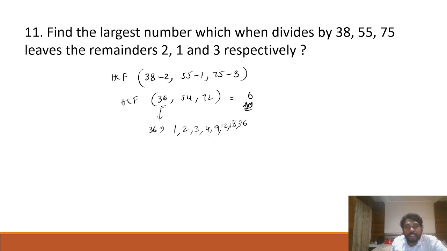Now you check whether the given numbers are divisible by these factors or not. So 72 is divisible by 36, but is 54 divisible by 36? No, then this is not your answer. 72 is divisible by 18 and 54 is also divisible by 18. Yes, this is my answer, guys. Sorry, I made a mistake when I wrote the answer directly. So the answer is 18.